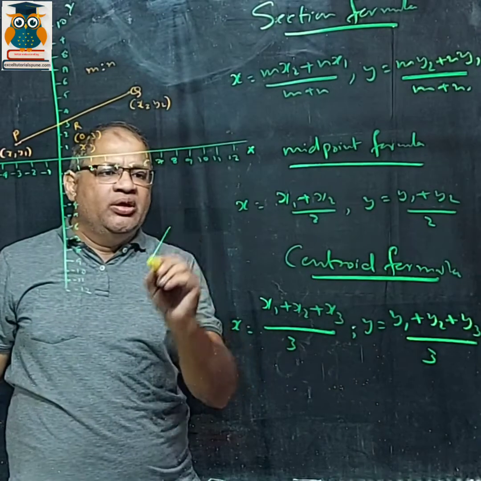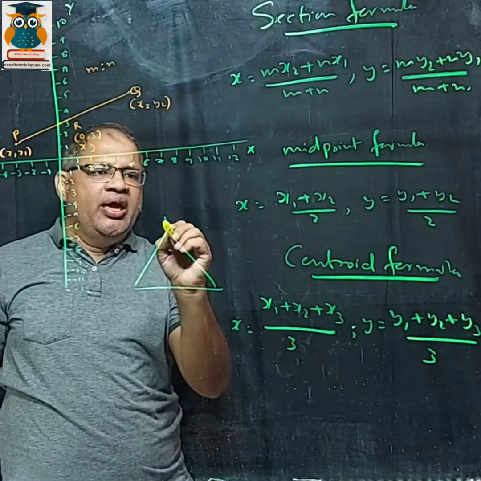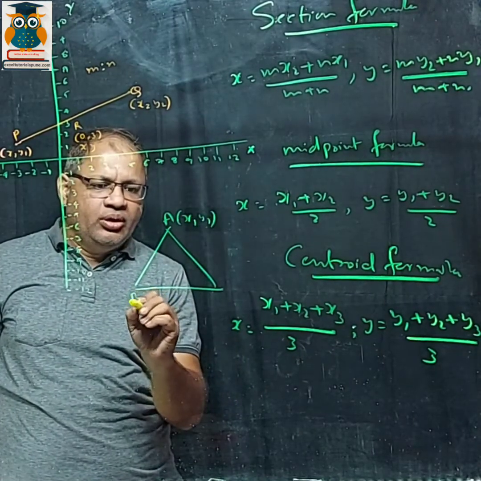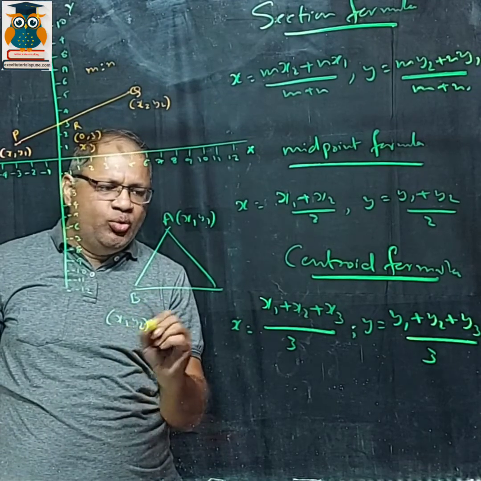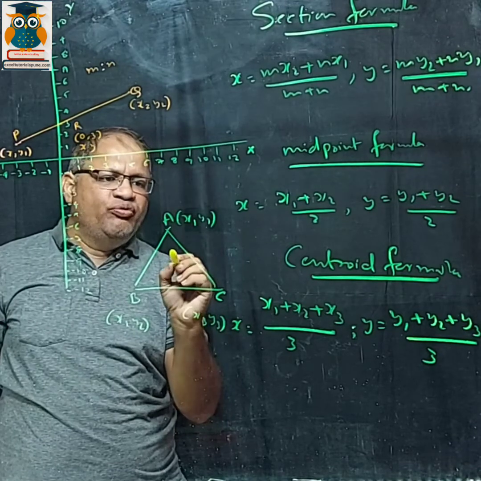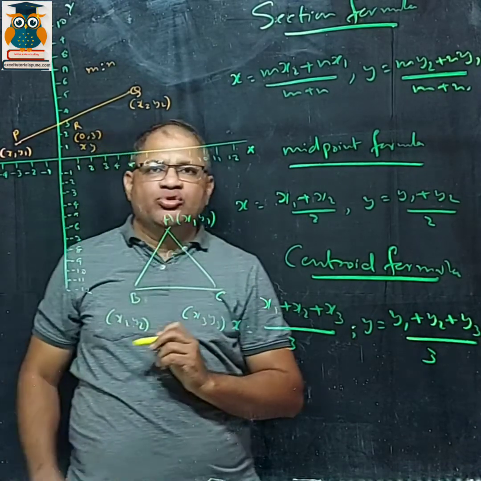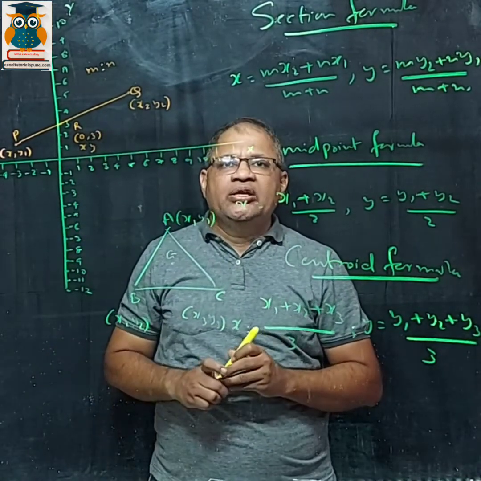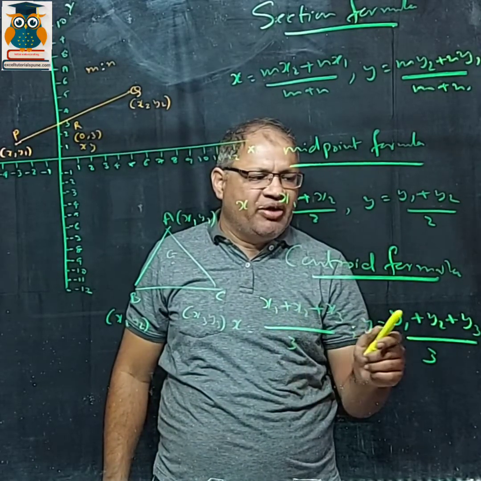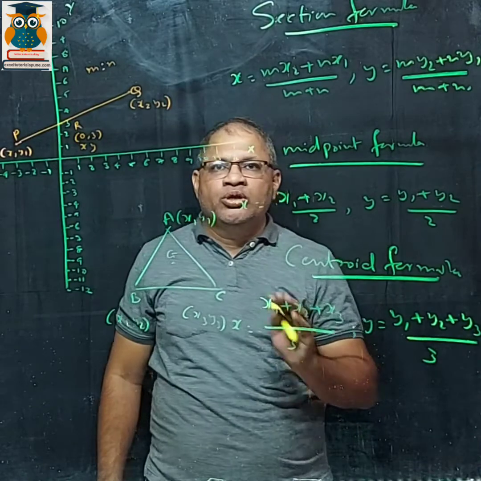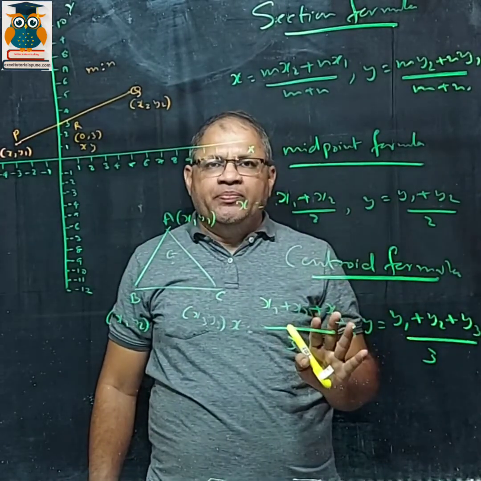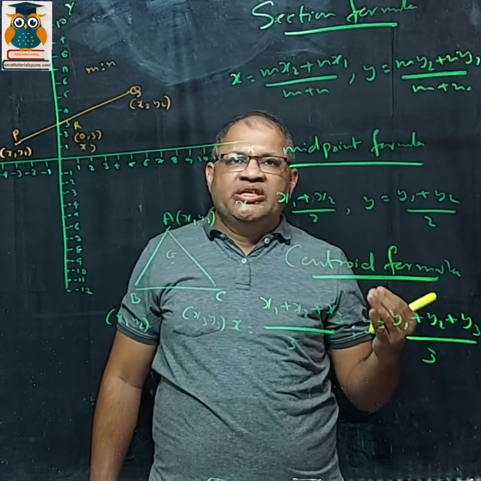Supposing you have a triangle and the vertices are given as (x1, y1), (x2, y2) and (x3, y3), and you have to find out the centroid. You have to use the centroid formula, (x1 plus x2 plus x3) upon 3, (y1 plus y2 plus y3) upon 3.